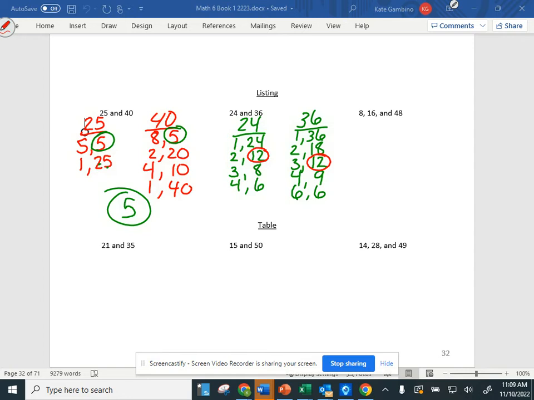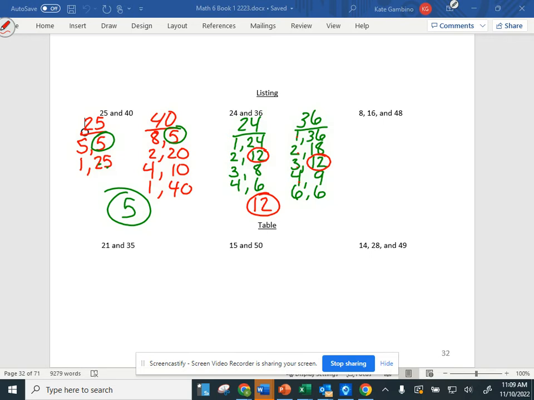The hard part about listing is sometimes we forget some of our factor buddies. Notice how I organized my factor buddy list. I start with 1, then I go to 2. Is 2 a factor? Is 3 a factor? Is 4 a factor? Is 5 a factor? Is 6 a factor? Is 7 a factor?